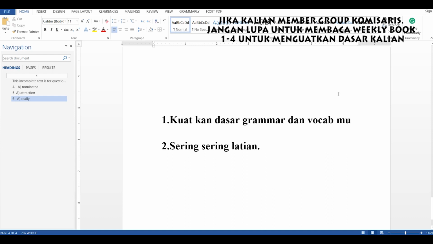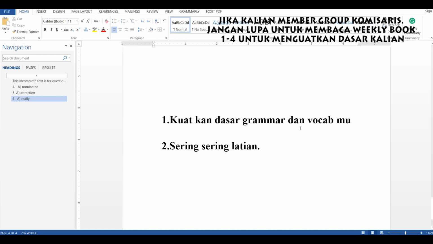First, strengthen your basic grammar and vocabulary. This is important because if you are weak in this, you will find it hard to do the exam well. Grammar is related to questions about writing and structure, and vocabulary is strongly related to listening, reading, writing, and structure.